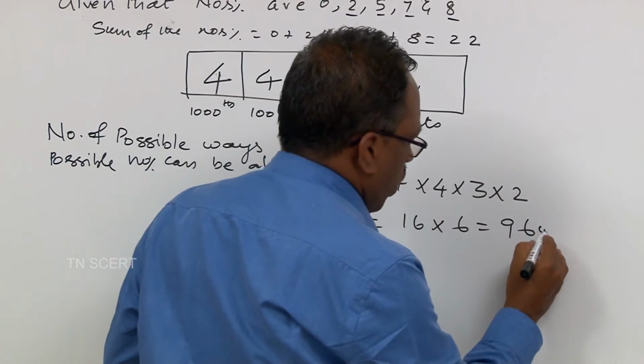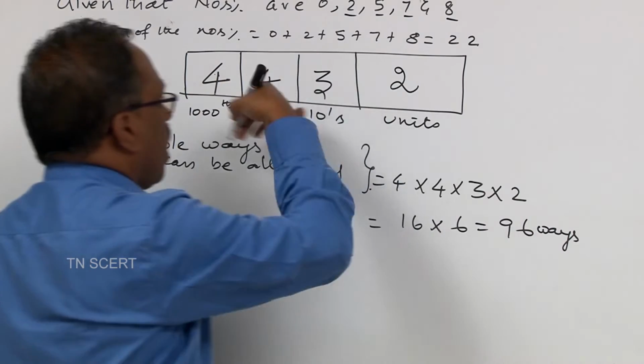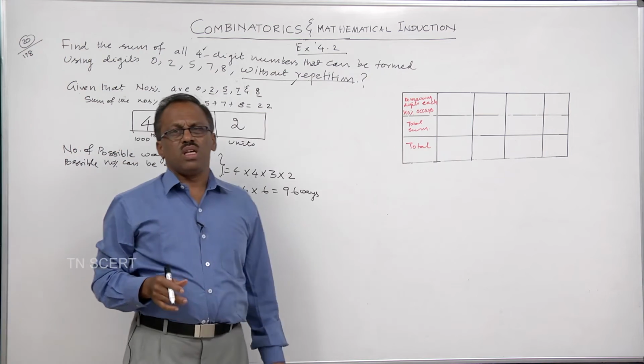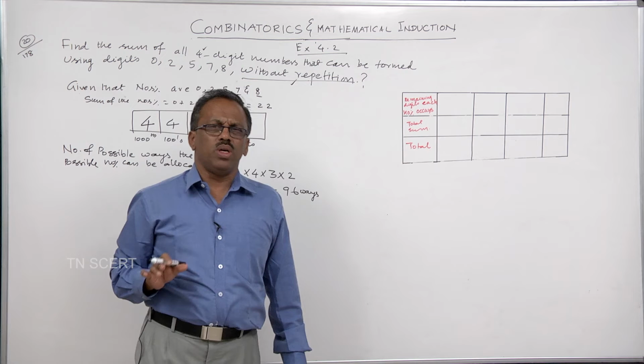So 96 ways the numbers can be filled in this. We can fill up the number in 96 ways.